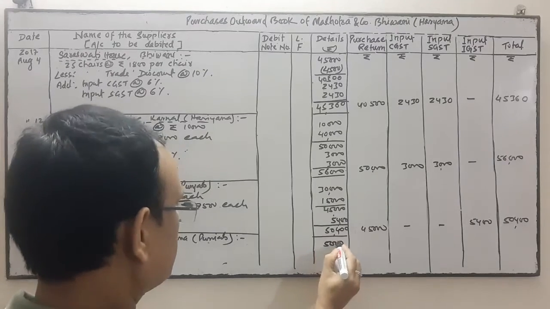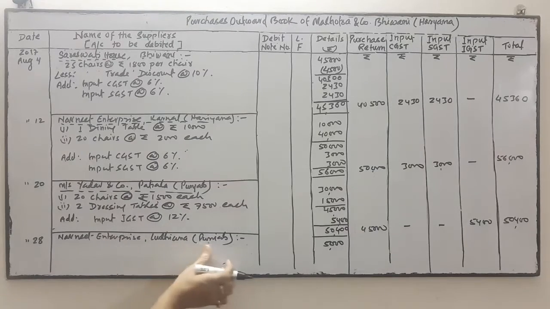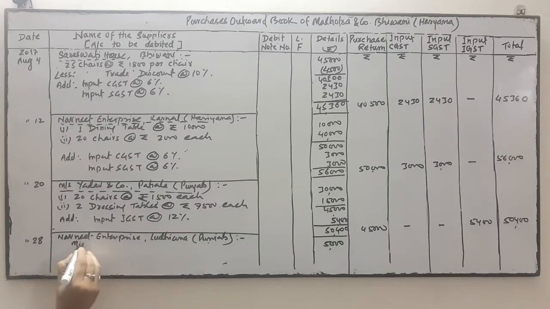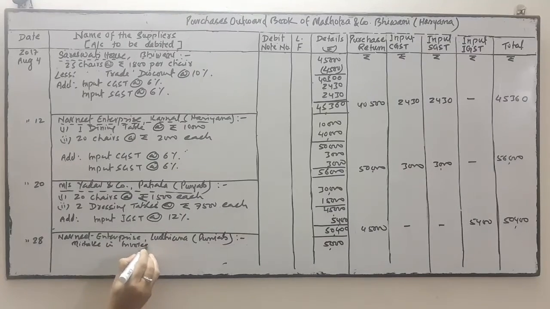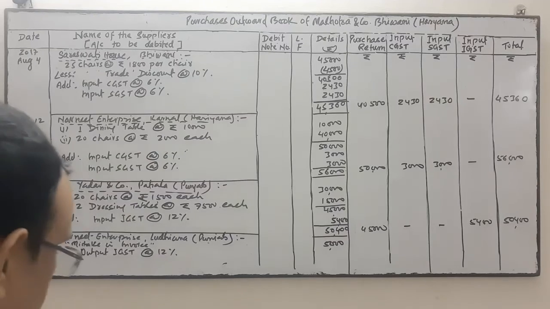Mistake in invoice, 5,000. As it is interstate, what will you add? Integrated GST, at the rate of 12%, Haryana to Punjab.